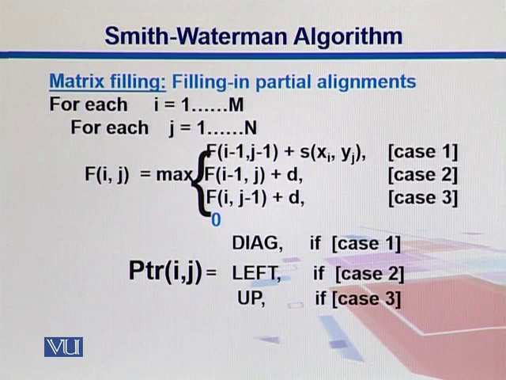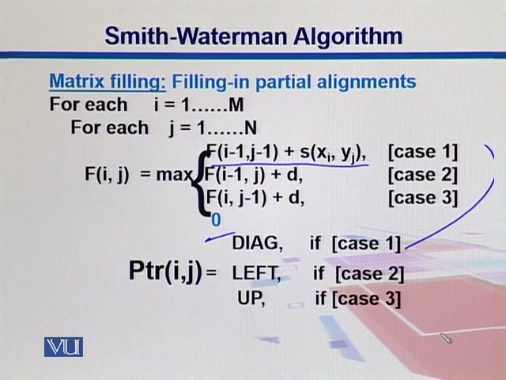What we do over here is fill in the partial alignments. In the same way, I keeps track of M and J moves over N, where M and N are the two sequences and their lengths. Our scoring function F(i,j) has a zero in it. Everything else is the same. We have i minus 1, j minus 1, the score coming from the diagonal, case 1, and the pointer will keep track of it.